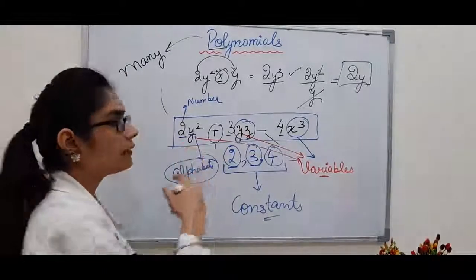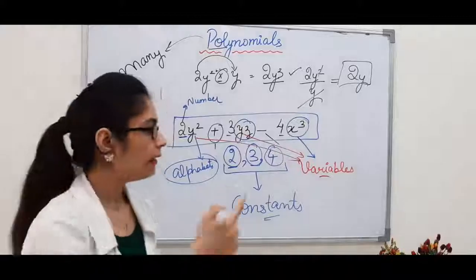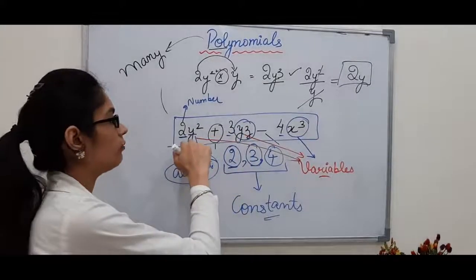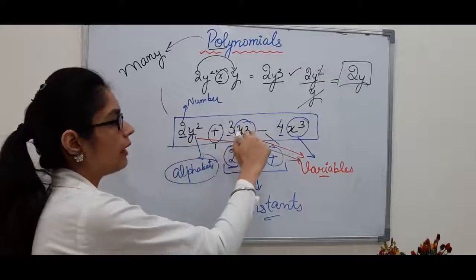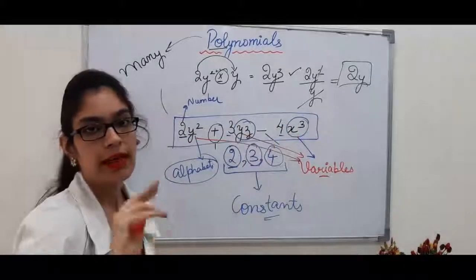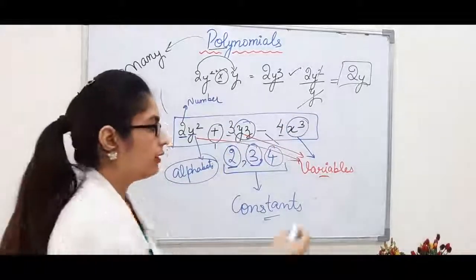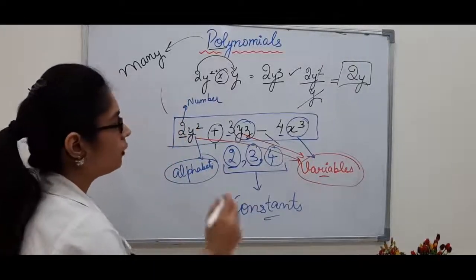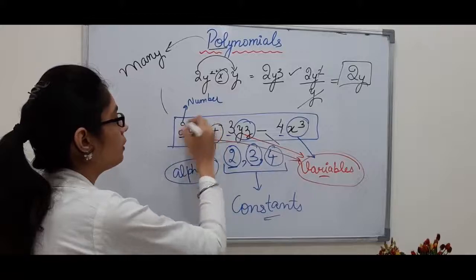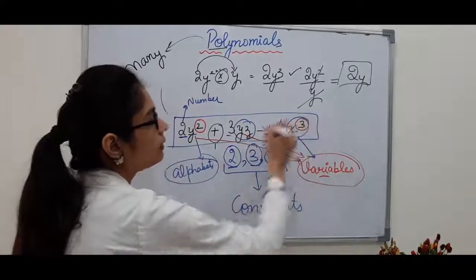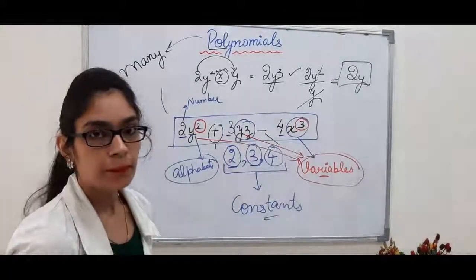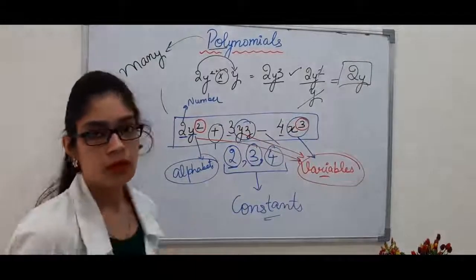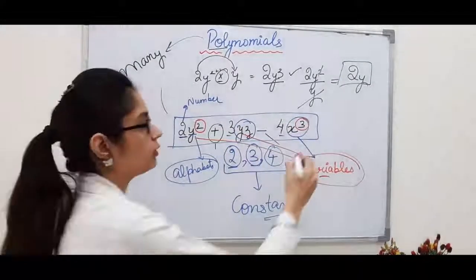So numbers are known as constants, and alphabets like a, b, c, any alphabet, here I have given x, y, z, any alphabet is a variable. And one thing more, this number which is written as the power of a variable, or the exponent of a variable, is not a constant.